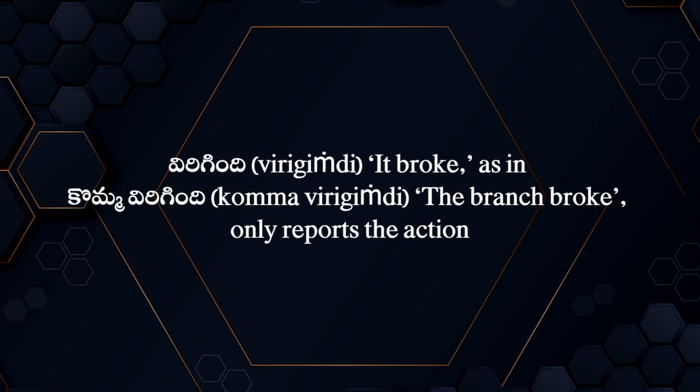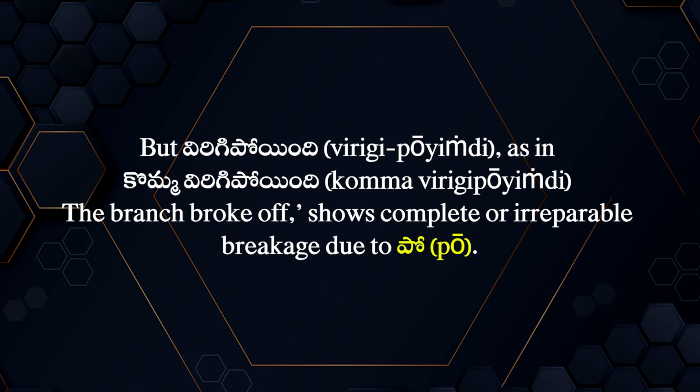For example, virigindi, it broke, as in the sentence komma virigindi, the branch broke, only reports the action, but virigipoyindi, as in the sentence komma virigipoyindi, the branch broke off, shows complete or irreparable breakage due to po.